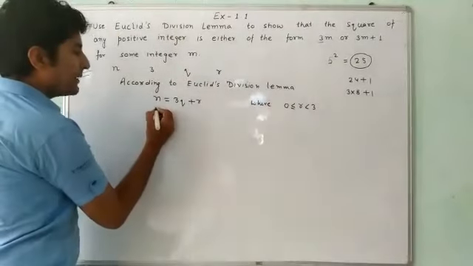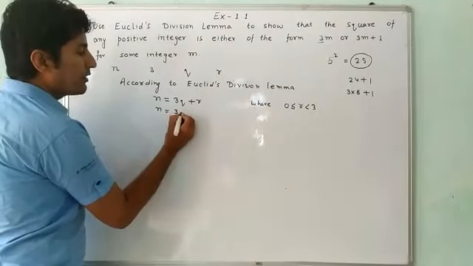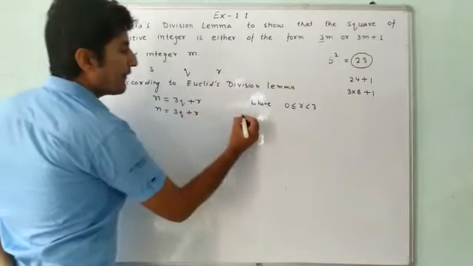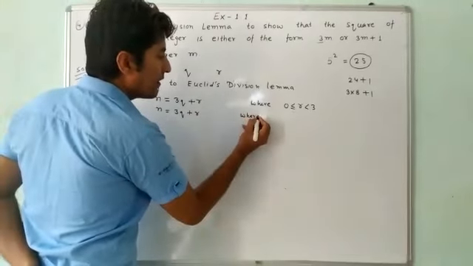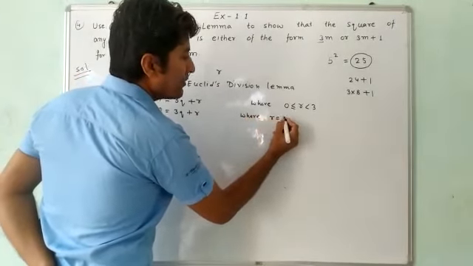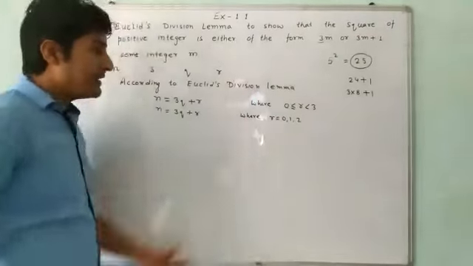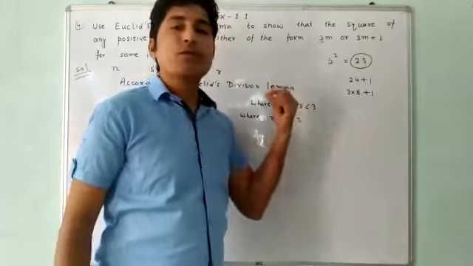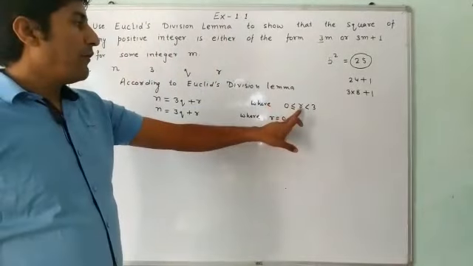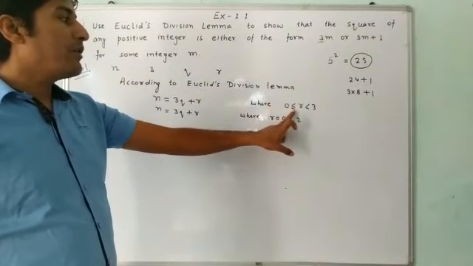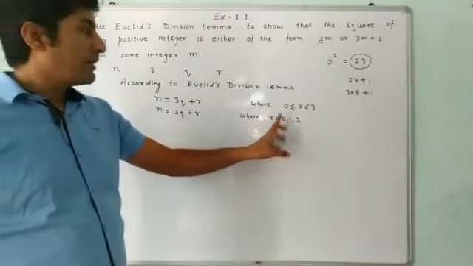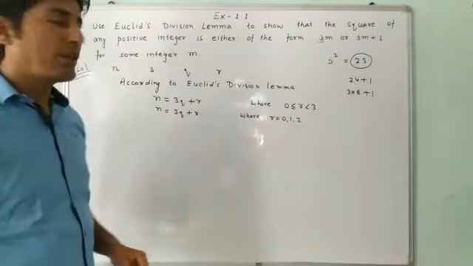Same statement we copy in the next line: n equals 3q plus r, where r equals either 0 or 1 or 2. All these numbers come between 0 and 3, starting from 0 till less than 3.